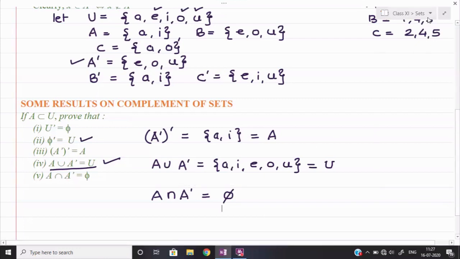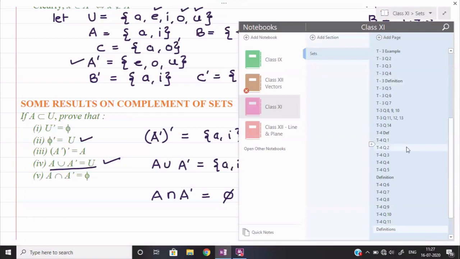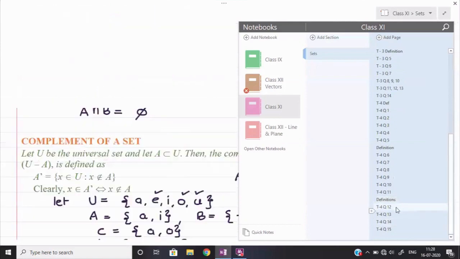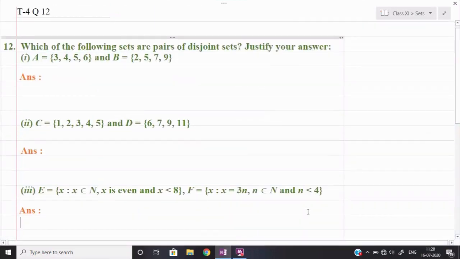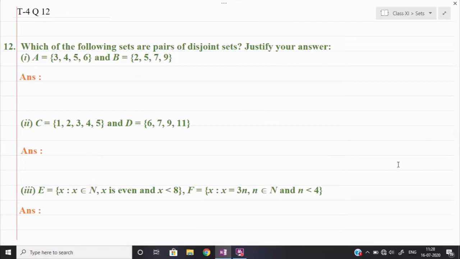Now let us see the first question after the definition. I am taking topic number 4, question number 12. In the 12th question, see what is given. Which of the following sets are pairs of disjoint sets? Justify your answer.